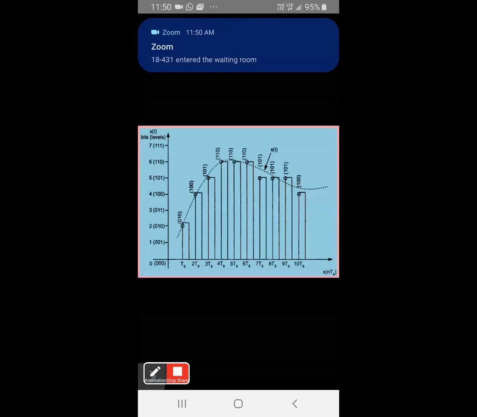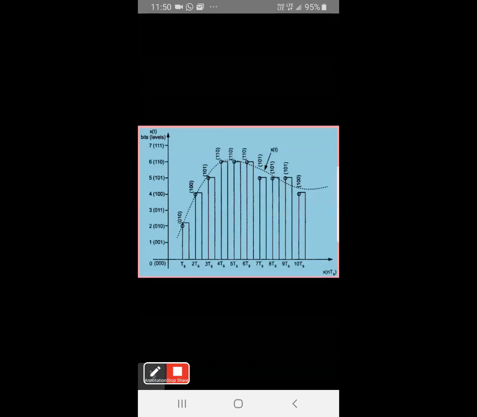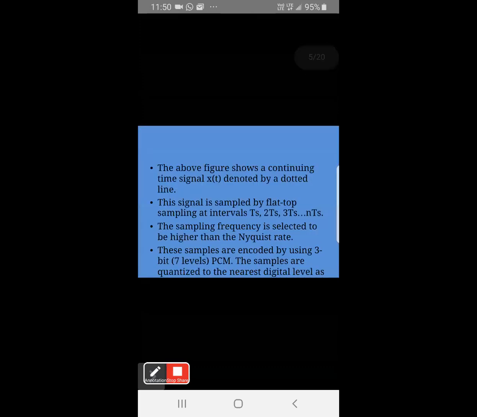Here the signal is sampled by flat top sampling at intervals of Ts, 2Ts, 3Ts and nTs. The sampling frequency is related to the Nyquist criteria. Nyquist rate మీద బేస్ చేసుకొని sampling frequency అనేది మనం ఇక్కడ కన్సిడరేషన్ అనేది తీసుకుంటాం.